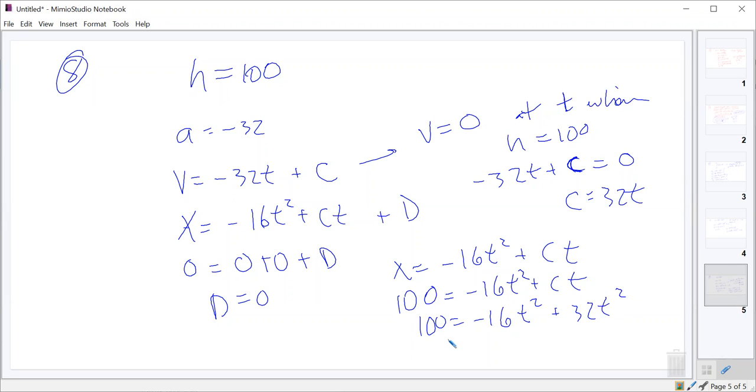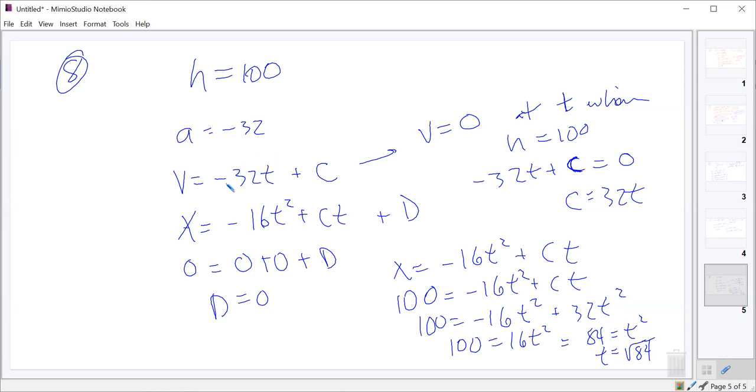That gives us 100 equals 16t squared. 100 minus 16 ought to be, what is that, 84? All right, so then our time is the square root of 84, at which it's going to stop. And so then we'll go back in here.